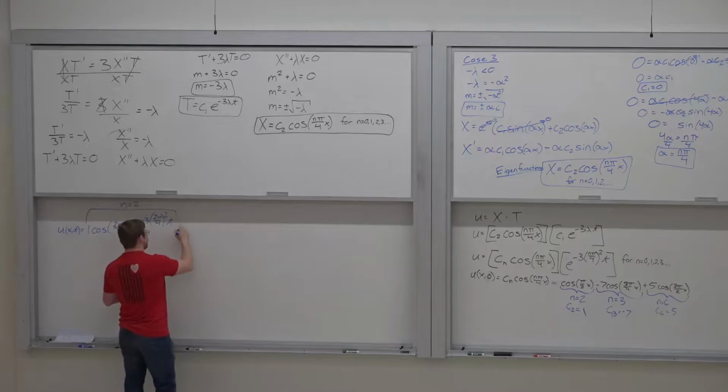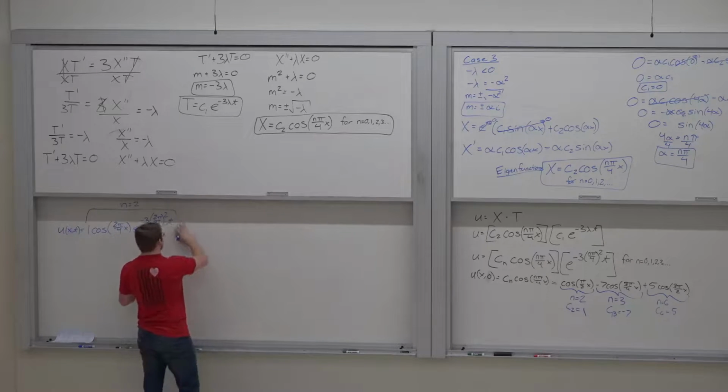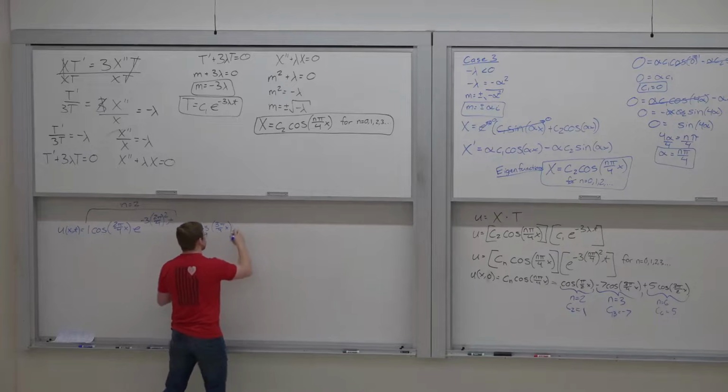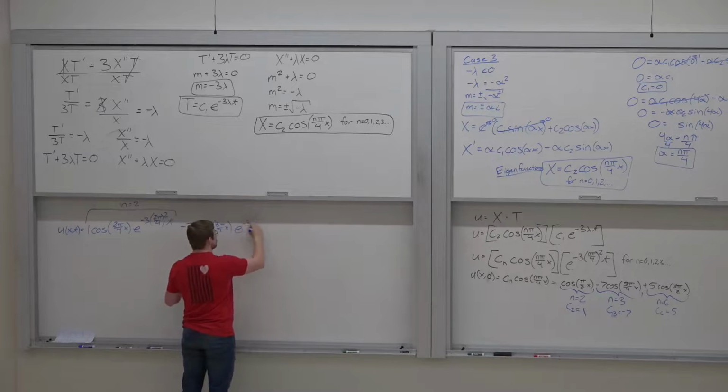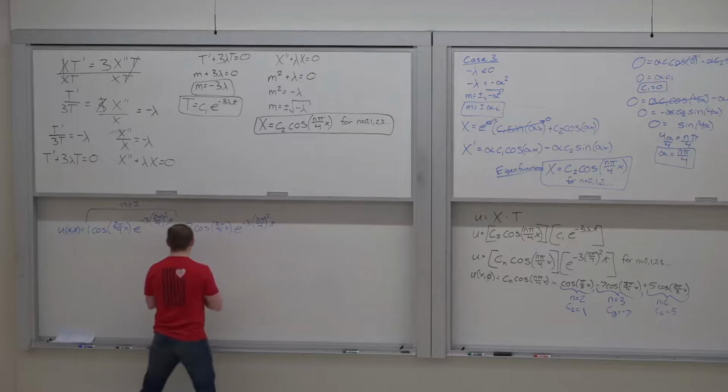Now we add on our n equals 3 term. So we do -7 times cosine of 3 pi over 4 times x times e to the -3 times 3 pi over 4 squared times t.